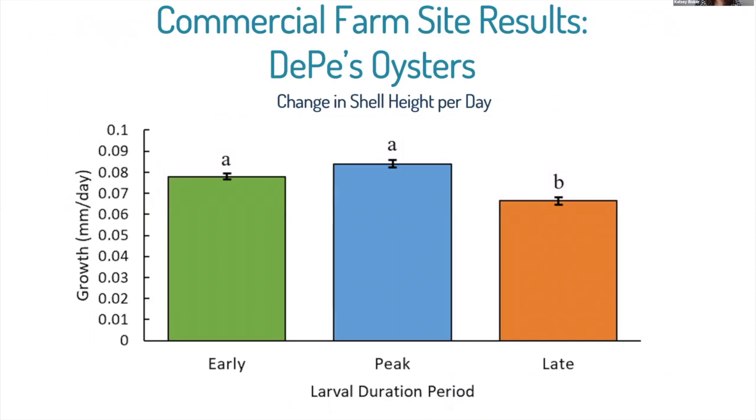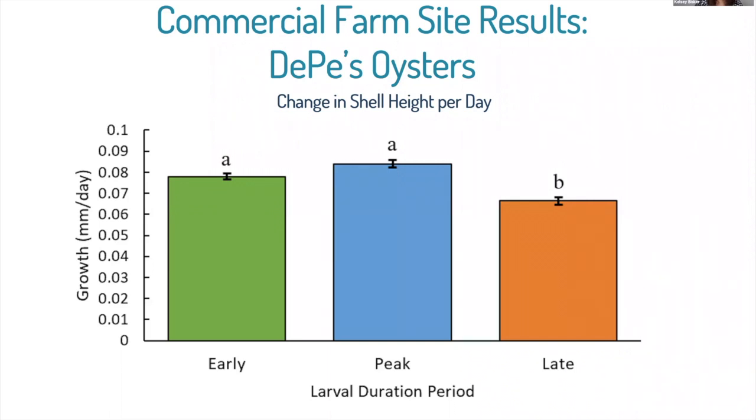However, one of the commercial farm sites did find an effect on growth rate. The late group has that disadvantage and has a significantly slower growth rate. And this site also has a substantially lower growth rate compared to the Auburn University Shellfish Lab's field sites.